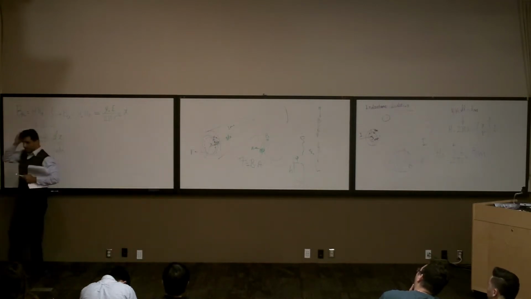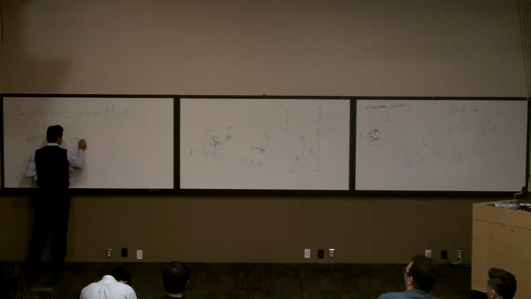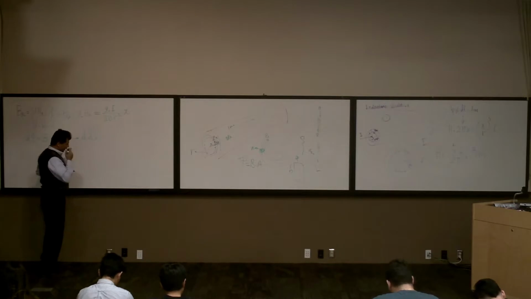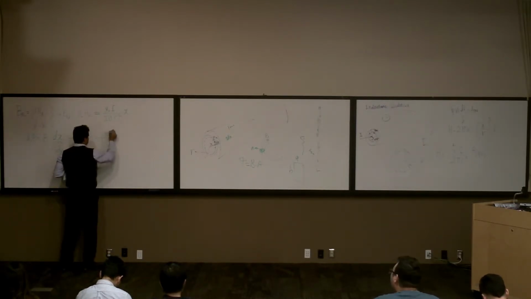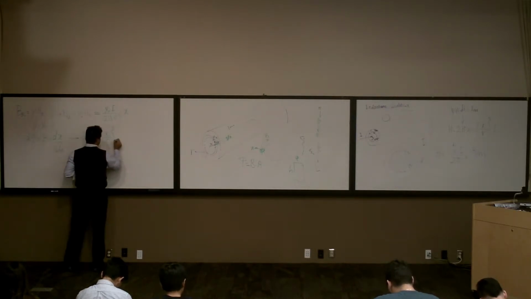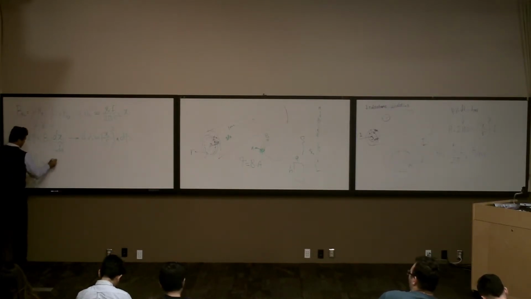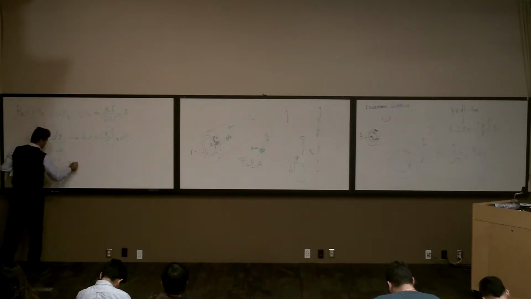The next thing I need to calculate is the d lambda. D lambda is going to be x squared over r squared times d phi. And how much is the d phi here? D phi is going to be mu 0 I over 2 pi r squared x dx.